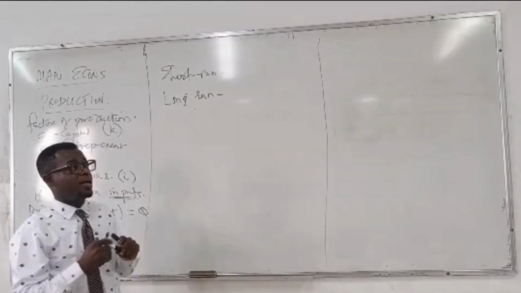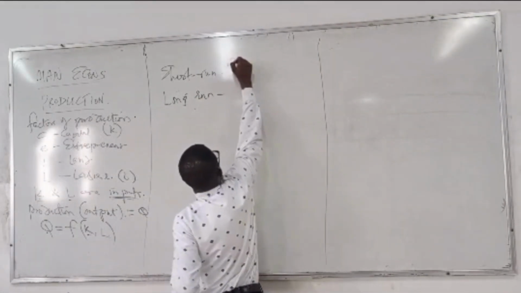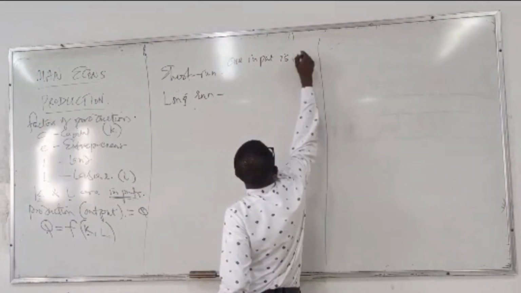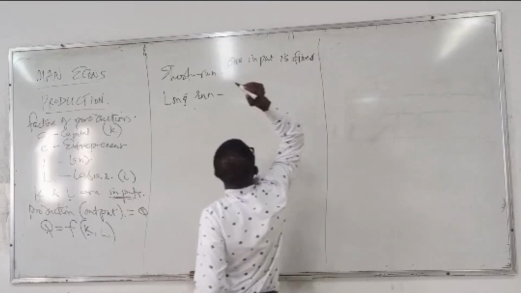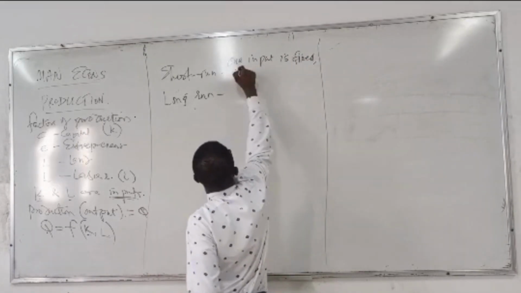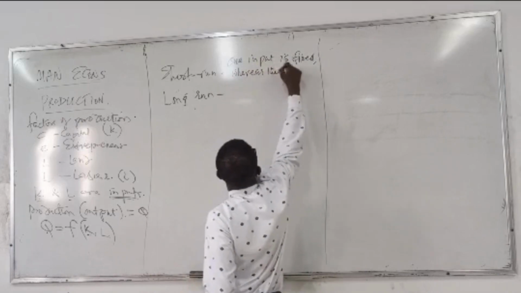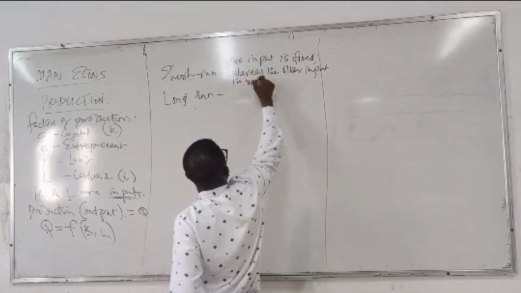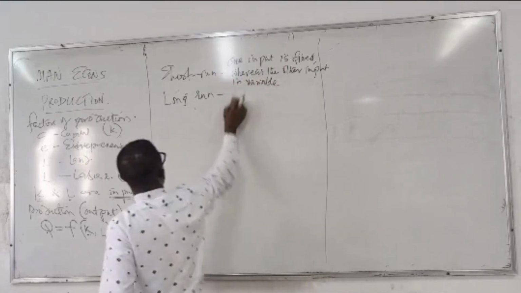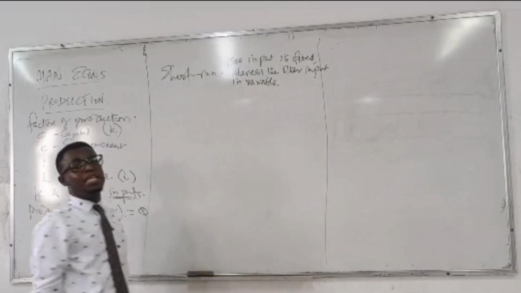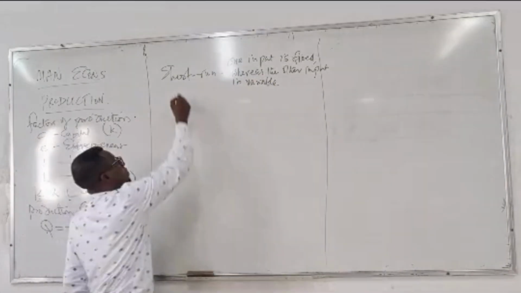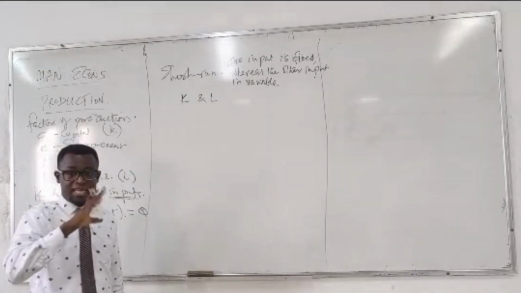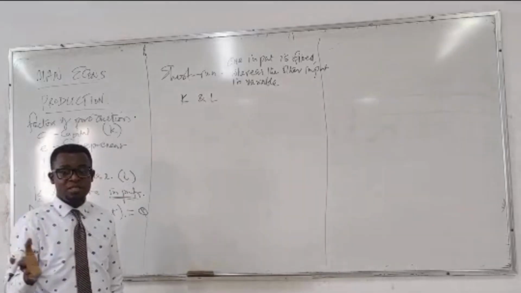Production is in the short run when one input is fixed, whereas the other input is variable. How many inputs are we talking about? We are talking about capital and labor in this circumstance. One of them must be fixed in the short run, whereas the other must be variable.